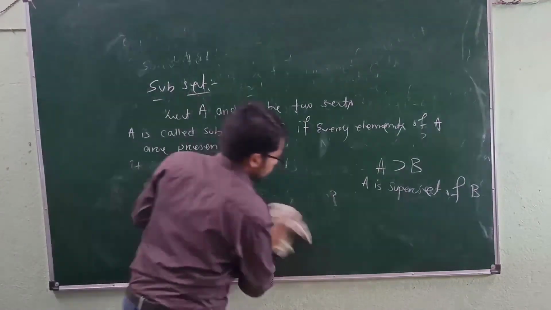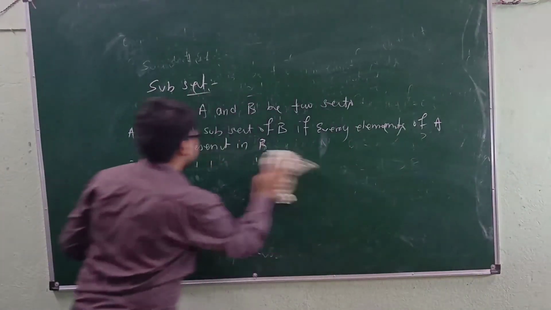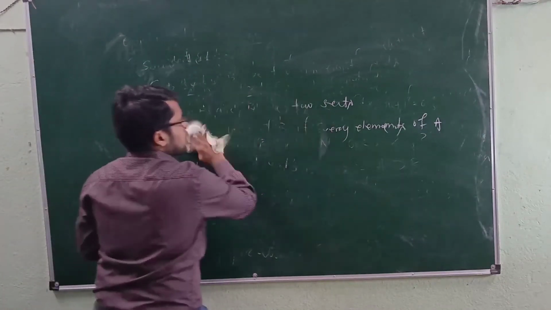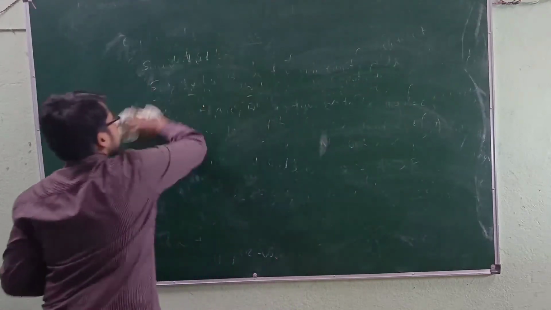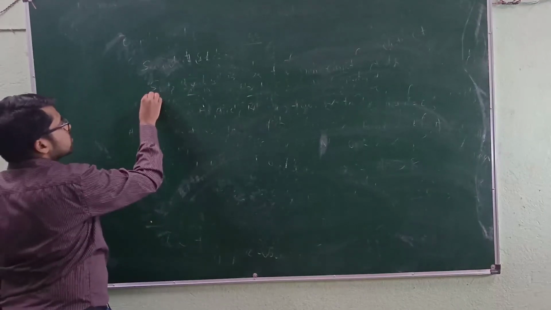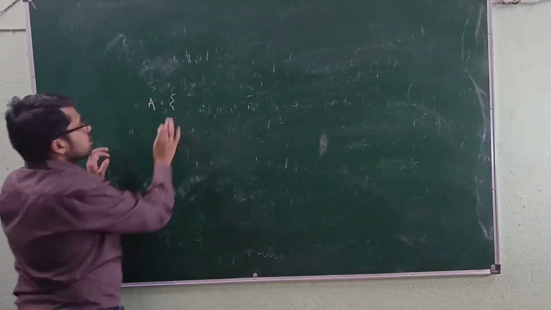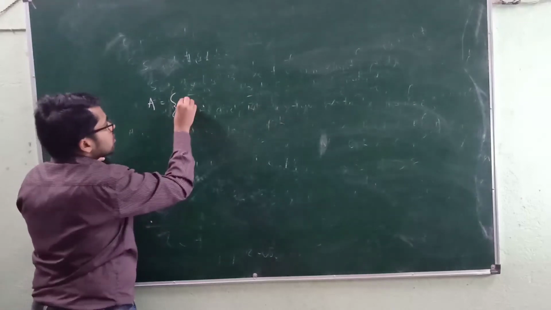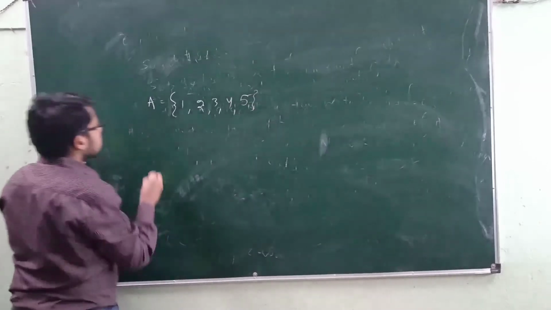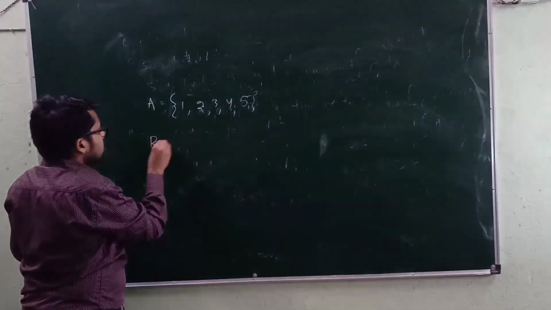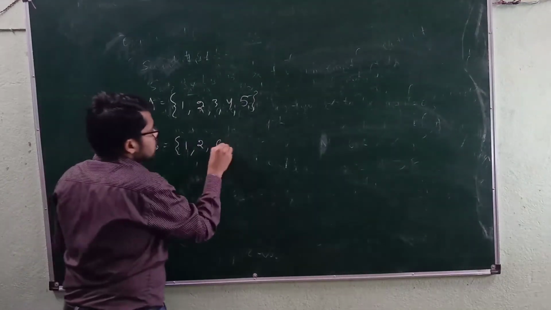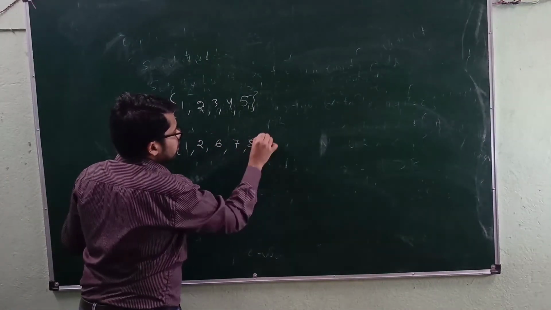आउ किसी एग्जांपल ना. Let us consider the set A as 1 2 3 4 5 and set B as 1 2 6 7 8.